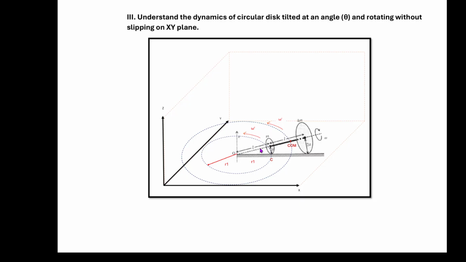So let us take this as R1, and this is L, and this is a right angle at A. So this triangle will look like this. This is L, this is a, the radius of the disk, and this is R1, which is going to be the radius of the circular path which is going to be followed.